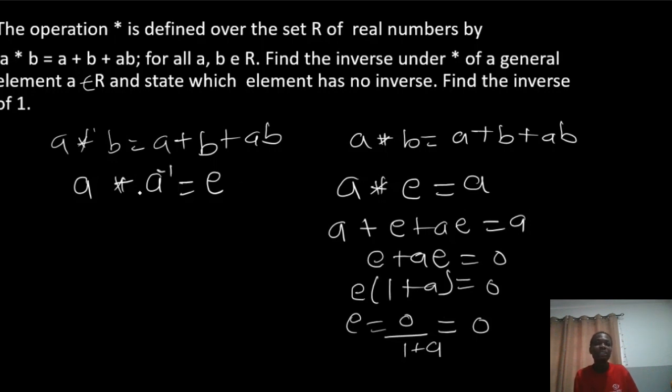So we put this into the rule we've been given to find the inverse of a. Let me move on to the next page. We said that e is equal to 0, and a star b is equal to a plus b plus ab.